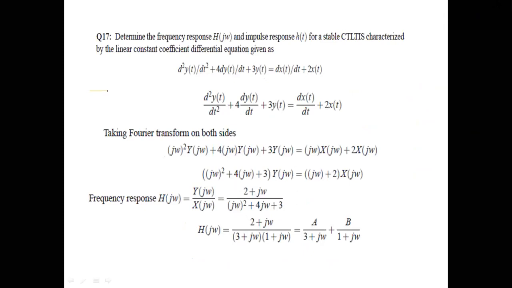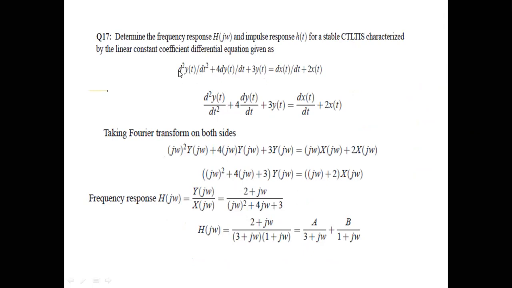For the differential equation, if any differential equation is given, how can we find out the Fourier transformation for a continuous linear time invariant system?